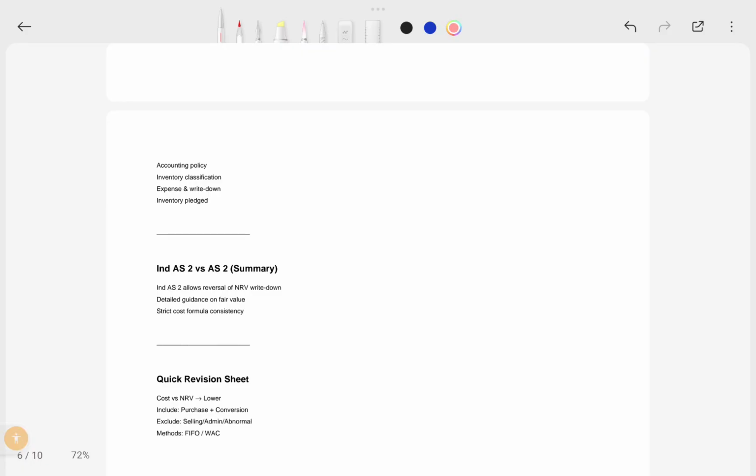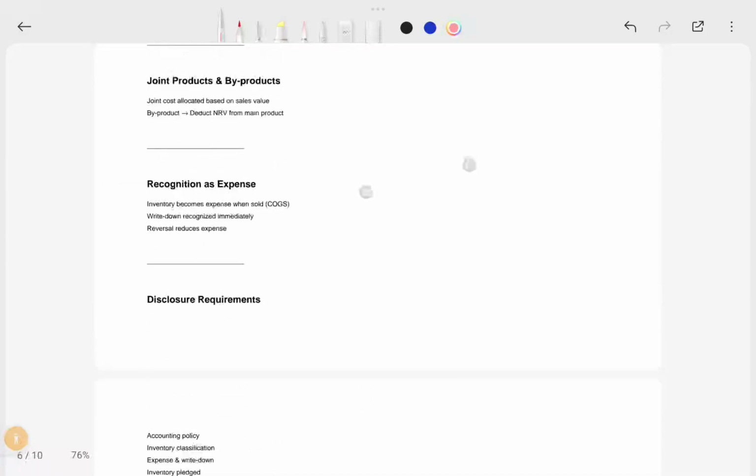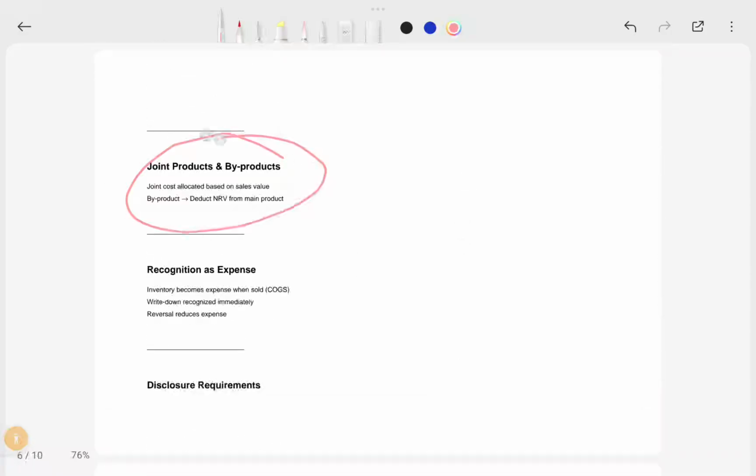See, in the manufacturing process of A Limited, one byproduct emerged besides main products 1 and 2, apart from the scrap. Details of the cost are given. The question is on joint product and byproduct basis.